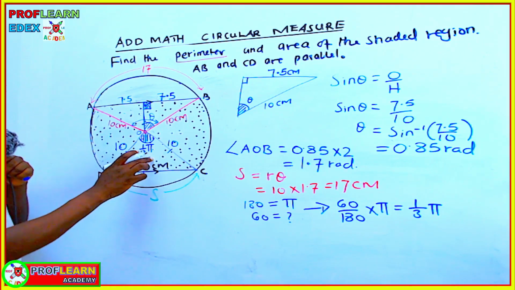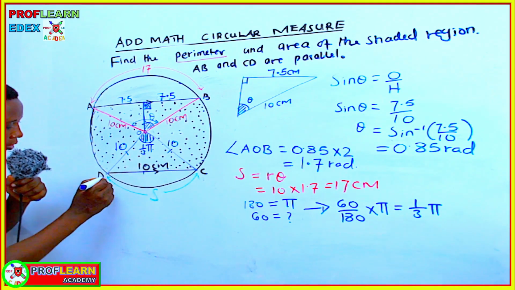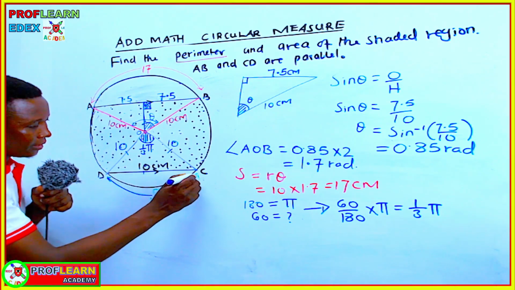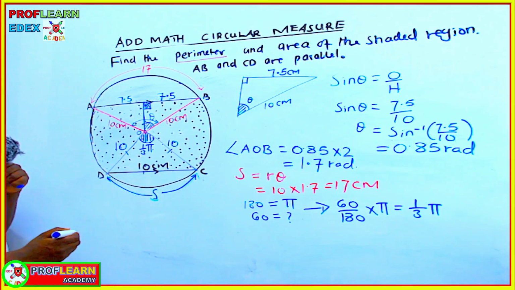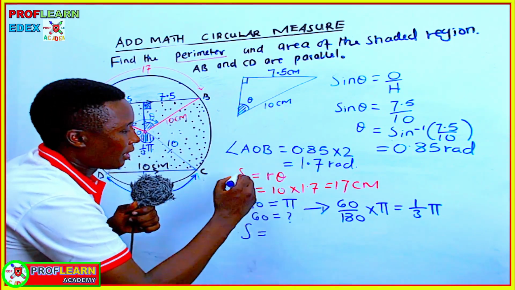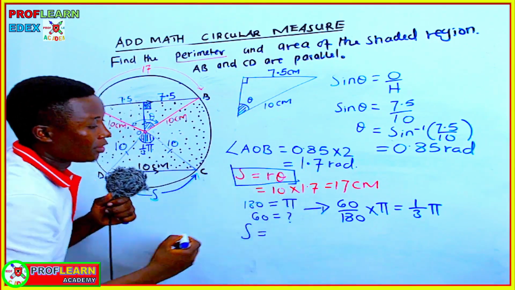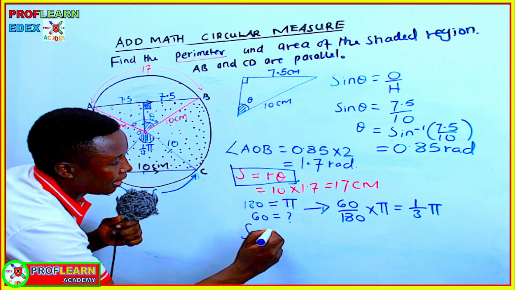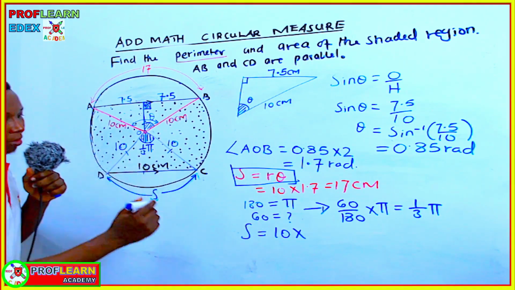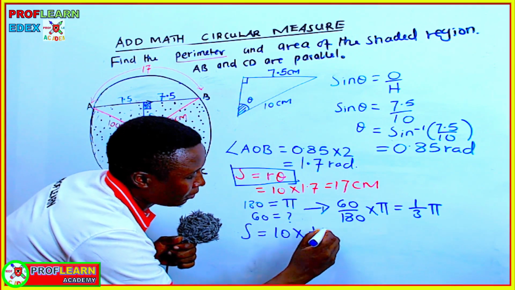I can use 1 over 3 pi to find this arc length below at this given point. Arc length is r theta, so r is 10 times the angle, 1 over 3 pi.